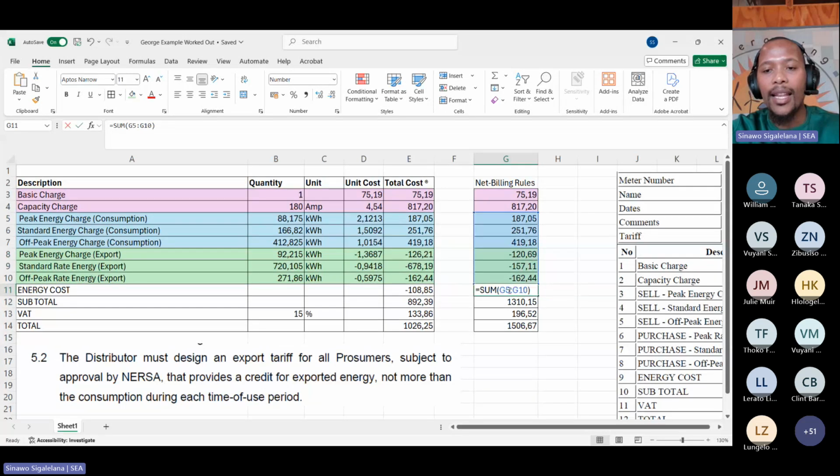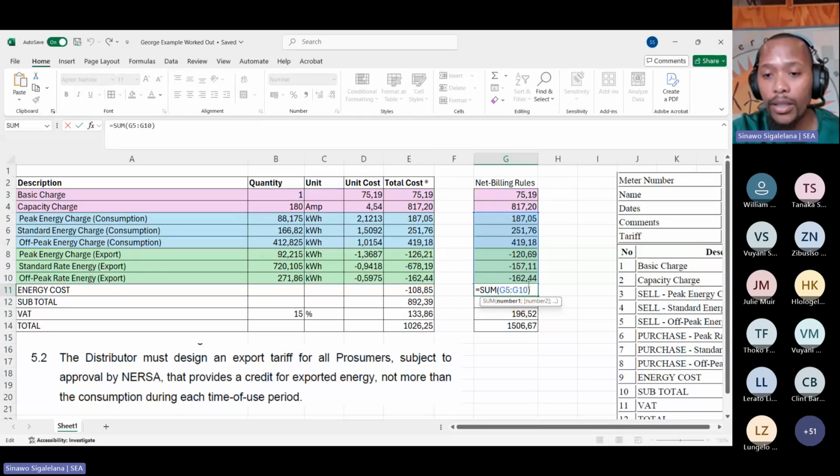Then the total energy cost, now that I've calculated the total consumption, what is costing me, and the total exports, how much that is costing me, then I get a final energy cost, right?